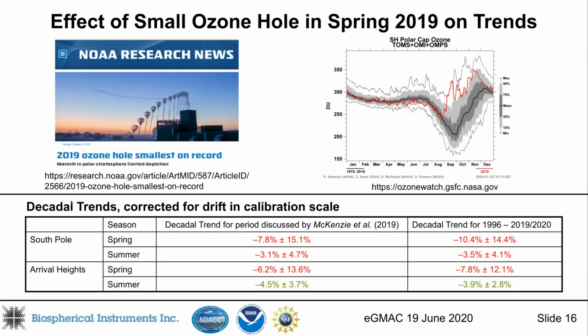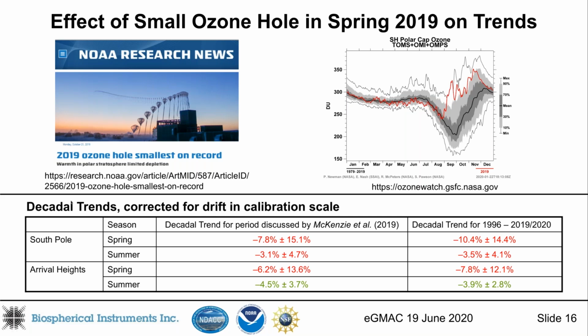Now I'm coming to my second to last slide. All trends I've talked about so far are based on the period discussed in the paper by Richard McKenzie et al. And this paper was published in 2019, so it did not include the ozone hole of 2019.